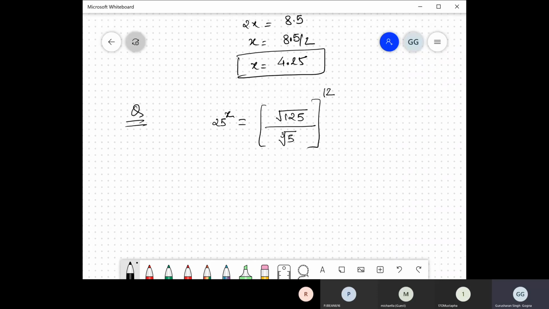Okay, so can you solve this? I'll give you 3 minutes. It's 7-2 at the moment. So you have 3 minutes to solve this question and tell me the answer. Answer means value of x.